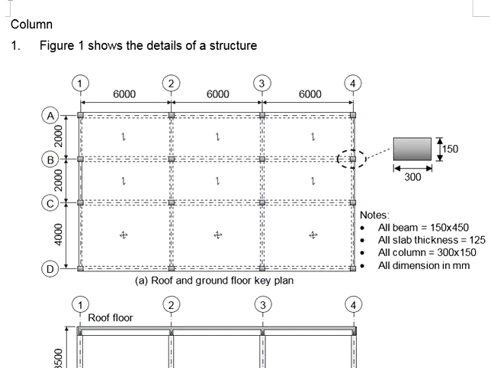And then how do you know the directions of the distributions? Is it in these directions or is it in these directions? For a typical one-way slab, you will need to imagine the most possible ways that the slab shall be bending.